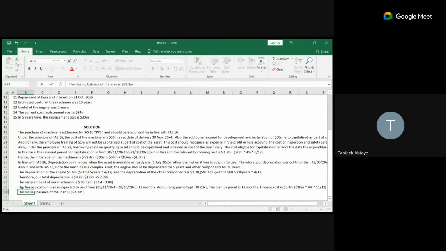That means the 90 million that we collected plus the interest we are going to pay for 1 year. This is going to be reported in our statement of financial position as current liability or non-current liability, as the case may be. And that's all.